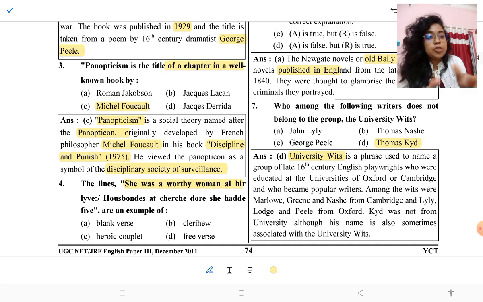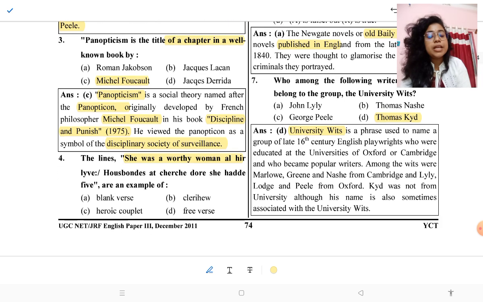So sometimes he is also included in this group. This question is mostly asked in PhD entrance and other university entrance exams, and I also faced this question in my entrance to a university. So most of the time they ask this question.